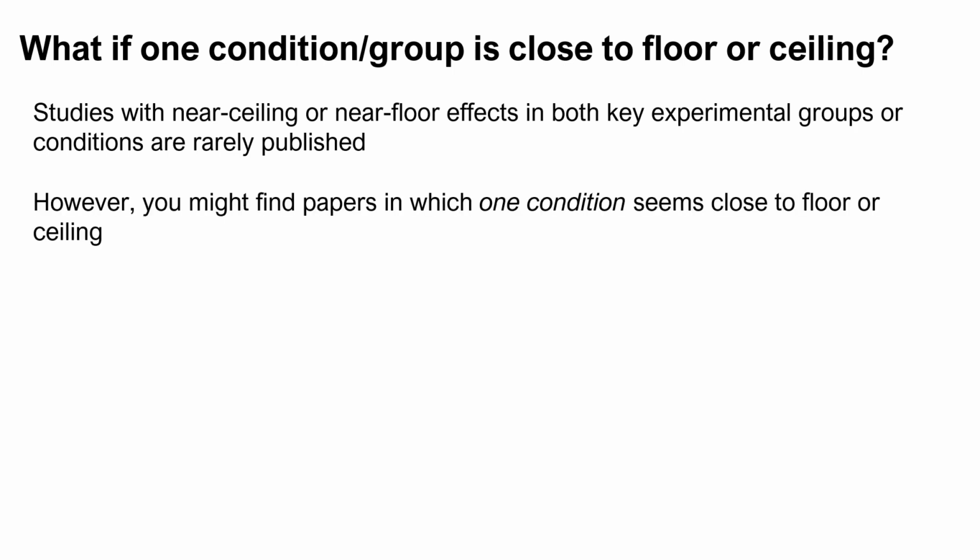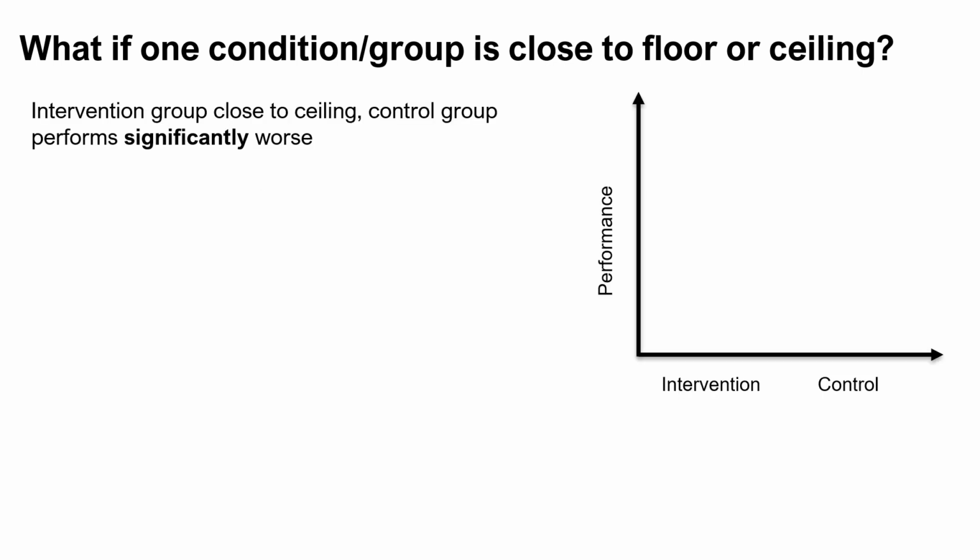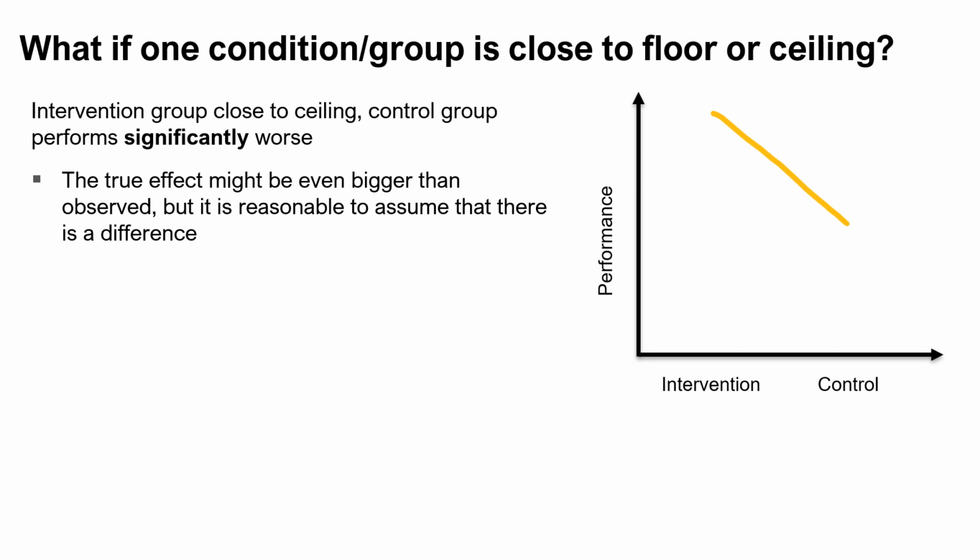But you might find some papers in which one condition or the performance of one group seems to be quite close to floor or ceiling. If we have an intervention group that performs close to ceiling level and a control group that performs significantly worse, like you can see here, that means that the true effect, so that is the difference between these two groups, might be even bigger than what we can observe in the study, but it's still reasonable to assume that there is a difference between these two groups.